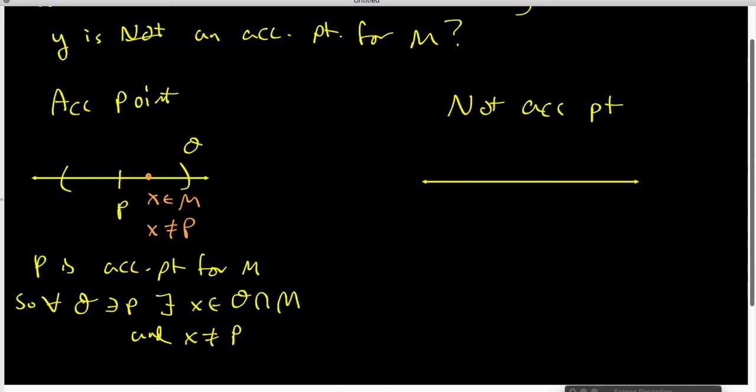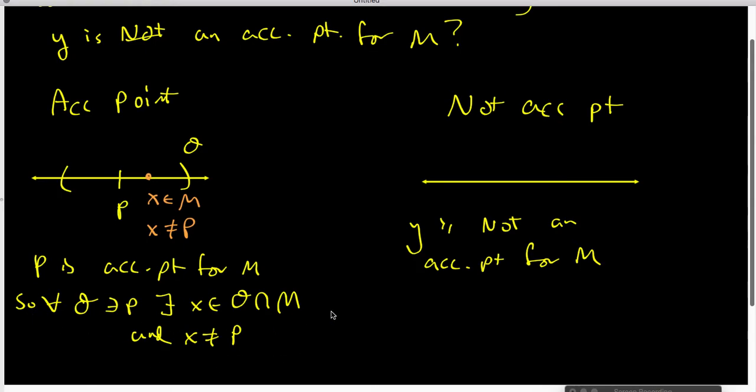Now, if I think about trying to figure out the negation of this, so I'm going to say Y is not an accumulation point for M. What does that mean?